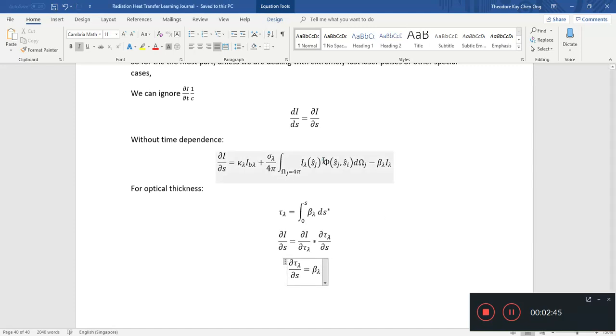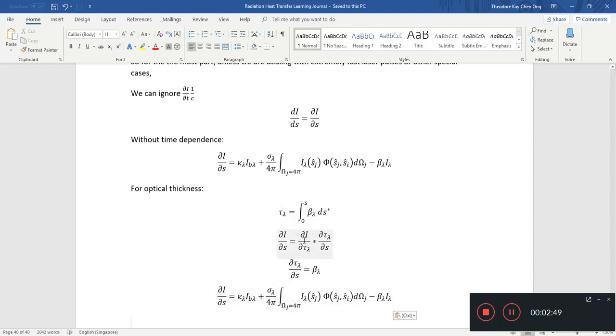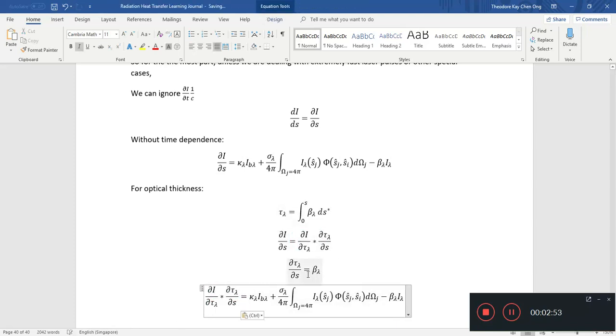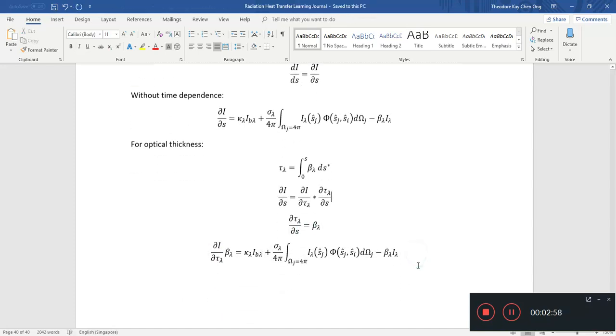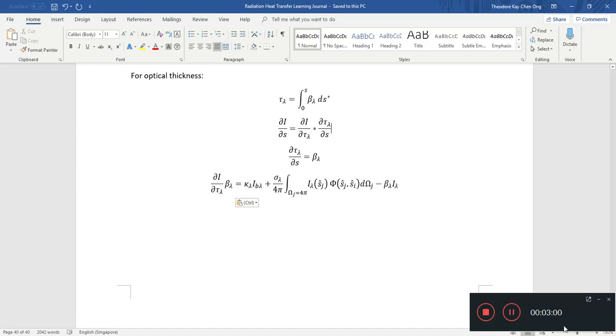So that becomes a very simple equation for us. You'll just have these two in, and I'll substitute this beta lambda in here, and there you go. That gets rid of all the terms that have S in them.